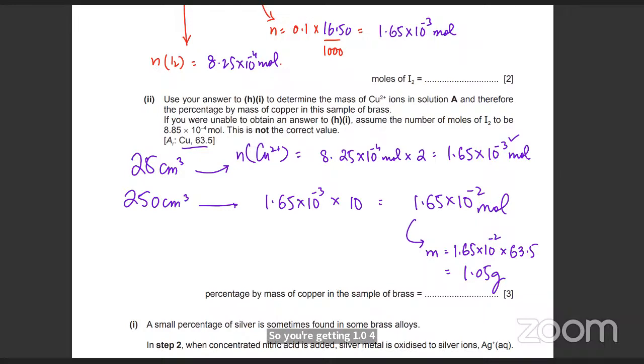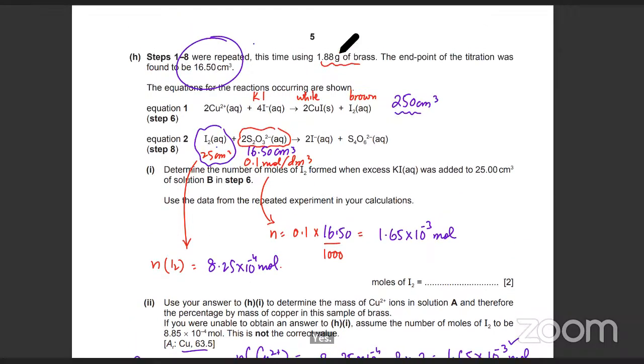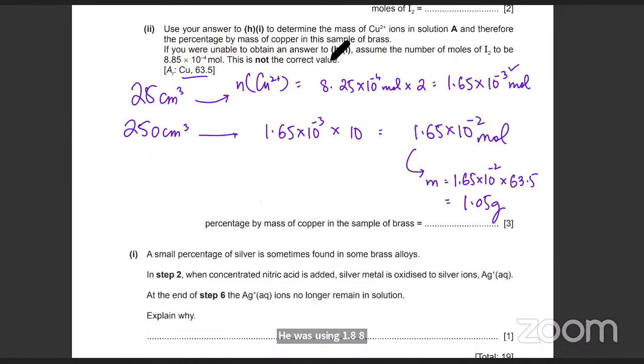And after that, what are you going to do? You have to find the percentage by mass of copper. So how much copper was actually used? In this particular titration, he was using 1.88 grams of brass. So out of 1.88 grams of brass, you have 1.05 grams of copper, times 100.